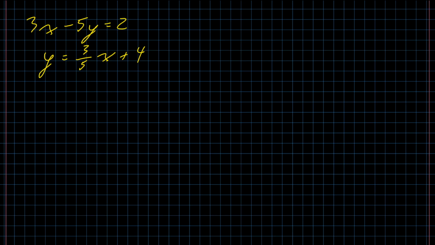3x minus 5y equals 2 and y equals 3/5 x plus 4. When it comes to the method of substitution, this one is very exciting because half of the work has already been done for us. We already have that second equation solved for y, so we can just immediately plug it into the first equation.